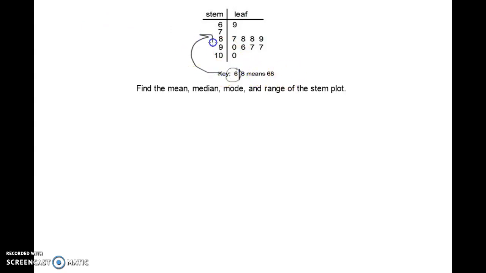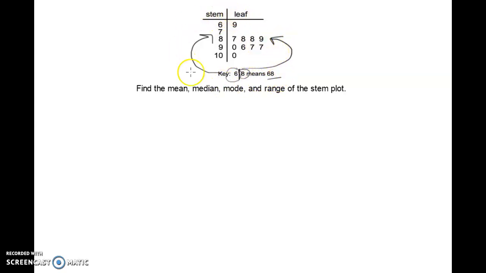This is connected to the stems, and this is connected to the leaves. And so a 6 on this side and an 8 on this side would mean that you have the number 68. The key might be different because it might tell you that if you had a 6 over here and an 8 over here, maybe that meant 6.8. So that's why the key is important.